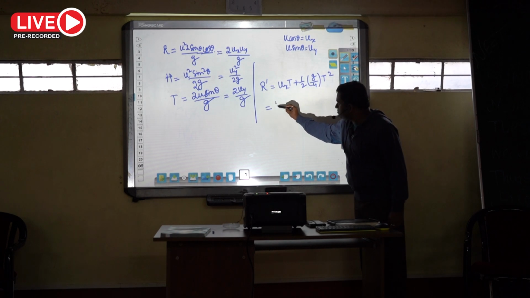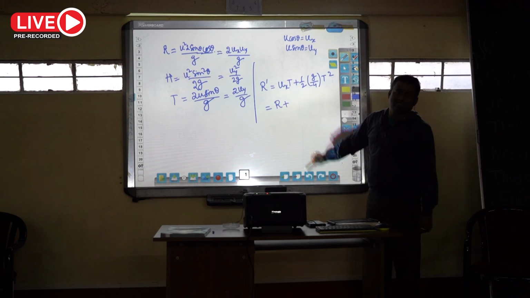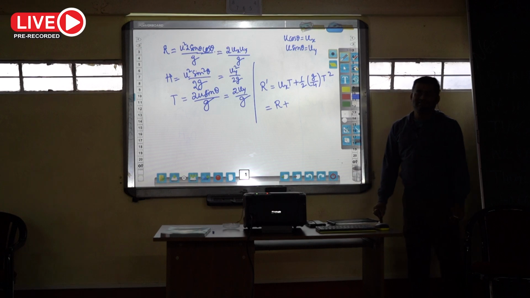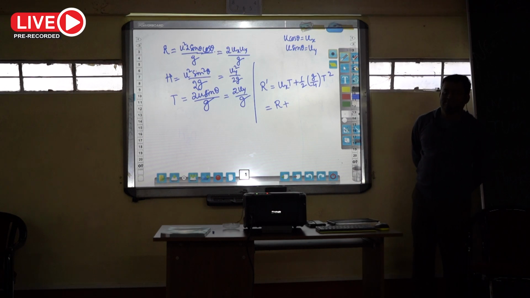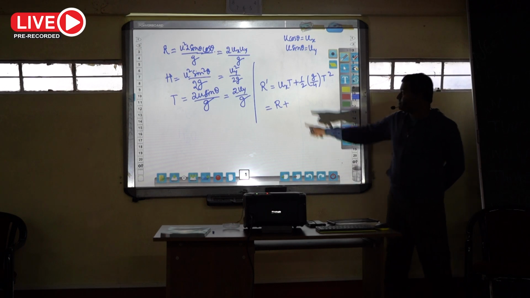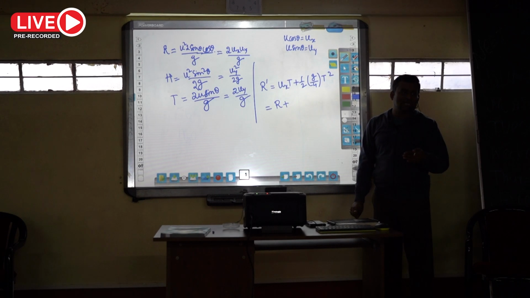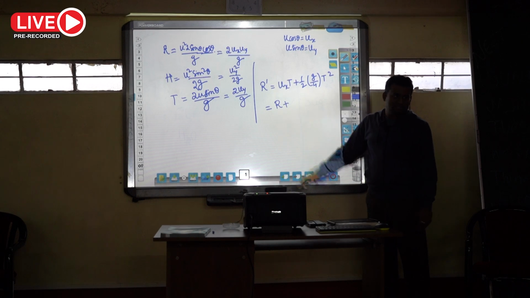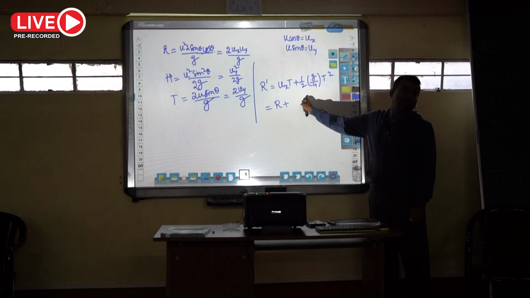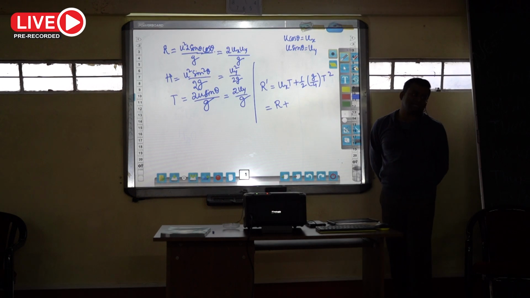So it is the previous range, and calculate this entire quantity. It is the previous range, meaning when there is no acceleration in the horizontal direction, it is that range, plus something will now come due to this acceleration.